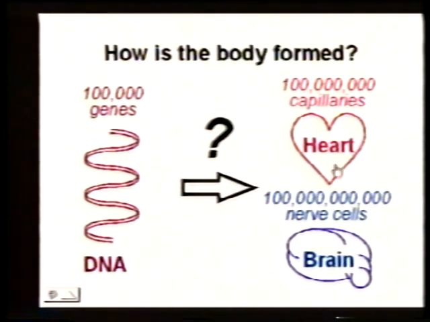But we can form structures like the heart, which has 100 million capillaries, or the brain, which has 100 billion nerve cells. As I'm fond of pointing out, there are as many nerve cells in the brain as there are stars in the galaxy, which is about 10 to the 11th. So this is a pretty complicated thing. But how can we generate something with all this complexity if the number of units that generate it is small?